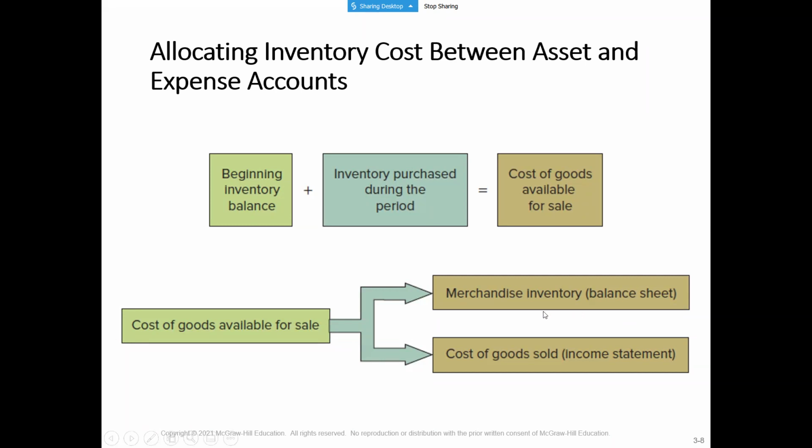So merchandise inventory, the ending balance, would be our ending inventory. That figure would be shown on the balance sheet as just that, merchandise inventory, a current asset. The cost of the goods which are sold for the year goes to an account called cost of goods sold, which is an expense included in the income statement.